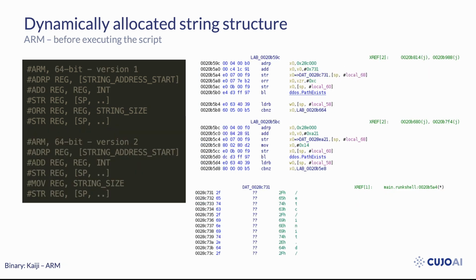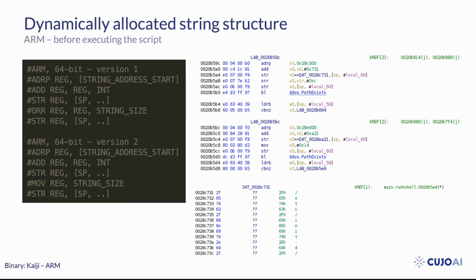And as a next step, let's take a look at the 64-bit versions. Already here we have two different solutions. In the first one, the instruction called OR is used, while in the second one, move. Basically, they are doing the same, just a little bit different. And here we also look for this sequence of instructions.